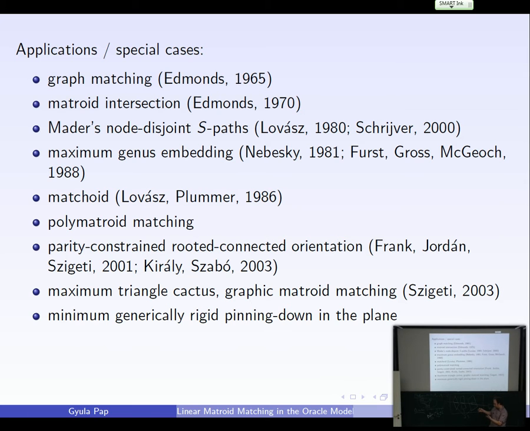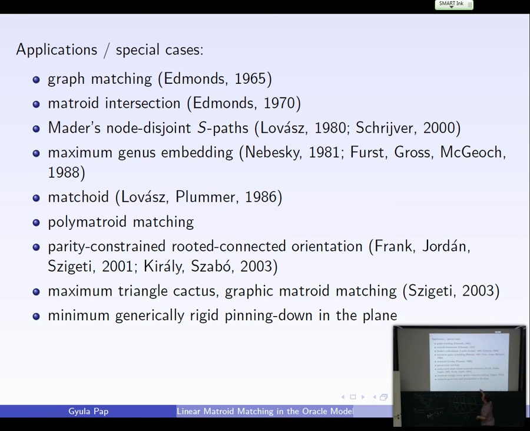So the problem is equivalent with matroid matching in the graphic matroid. Ligeti did a combinatorial approach for this one, so that now we don't have to do linear algebra, but there is Zoli's combinatorial approach.